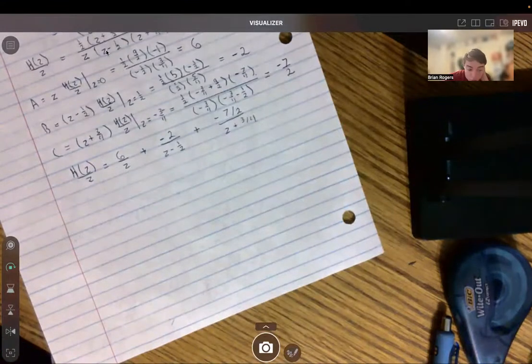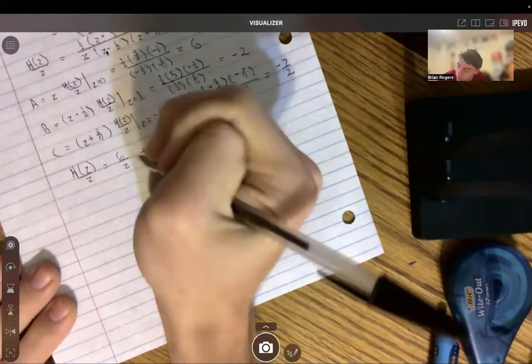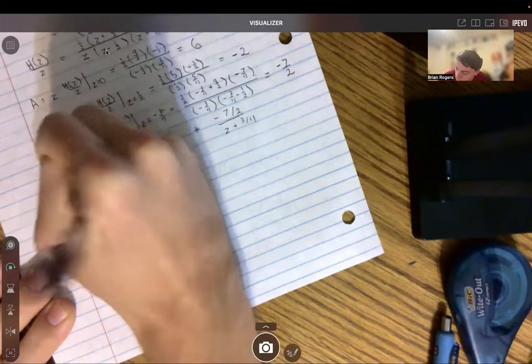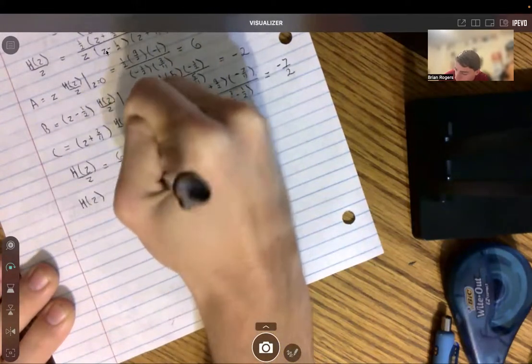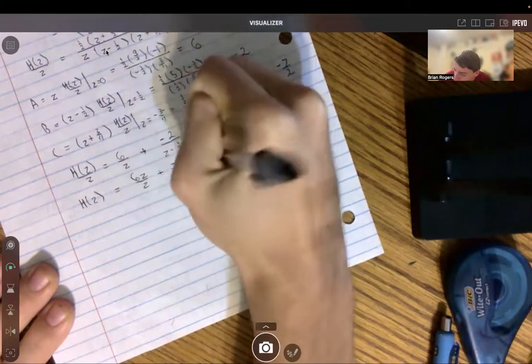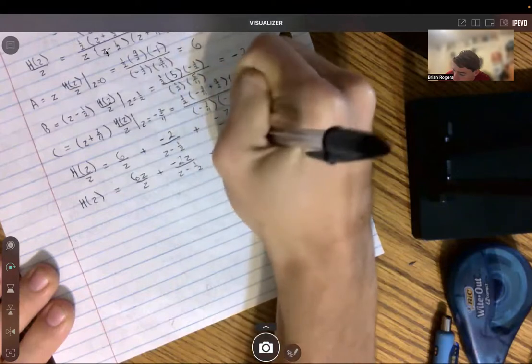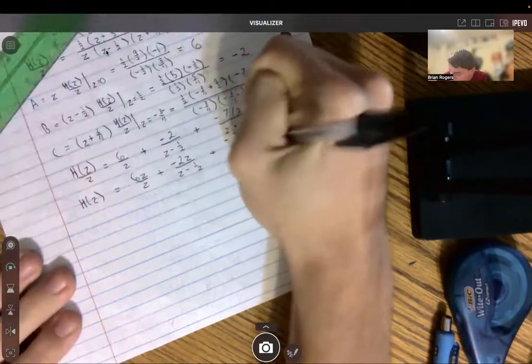The next step in partial fraction expansion is to multiply everything by z. So you just get it in terms of your h of z now. So h of z, multiplying everything by z, you're going to get 6z over z plus -2z over z minus 1/2, and then plus -7/2 z all over z plus 3/4.